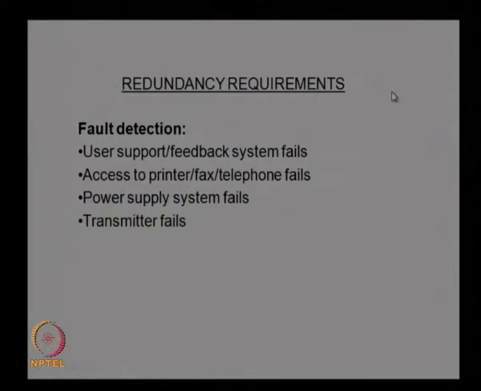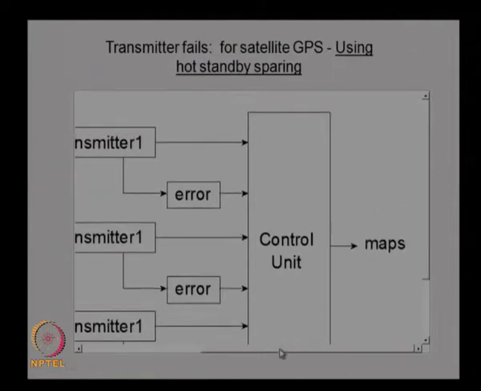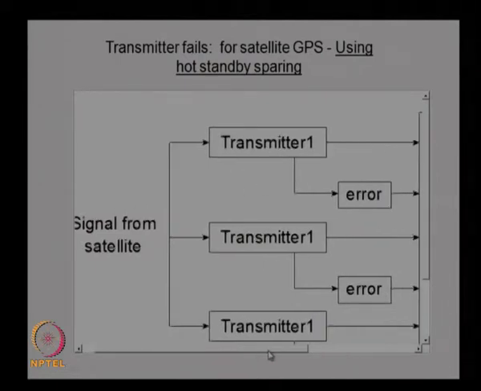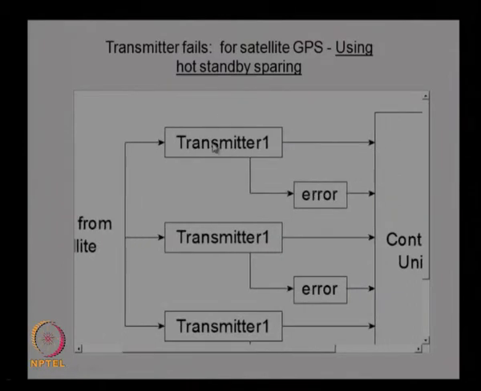Here I have provided a few cases, basically for when the transmitter fails or the GPS data from the satellite fails; then we need to have a hot standby system. A hot standby sparing system can be provided to get the signal from the satellite. So, we can have more than one transmitter to transmit the signal from the satellite, and we can have them in hot standby.